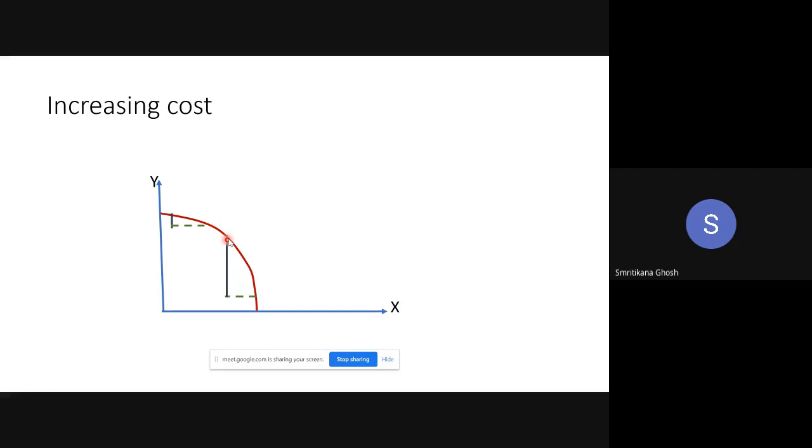And when you are here, that means you have produced almost 50-50 X and Y. From here, you are trying to move there. So that means you have already produced a lot of X and still you are increasing your X production. Again, you need the same story. Again, you need to reduce your Y production to have the inputs. The question now is, which inputs are leaving the Y production?